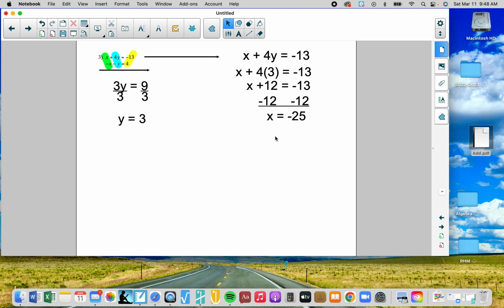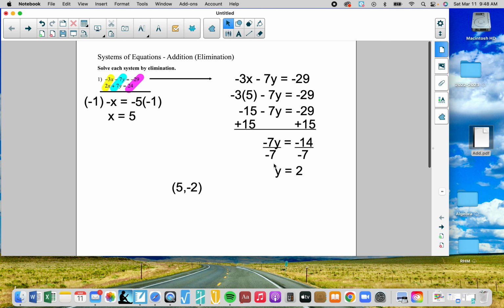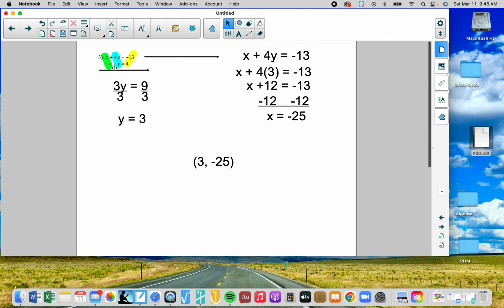Let's make sure. Now that's a weird number. So I'm going to make sure that I did it correctly because that's a pretty large number. And we've noticed that our solutions tend to be relatively small. So I'm going to go back and check my work real quick and make sure that it still works.